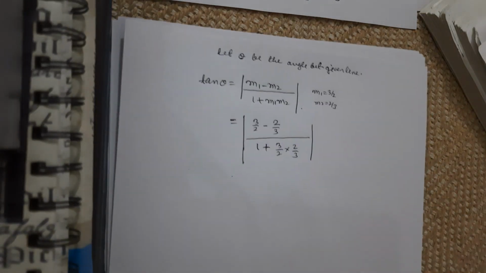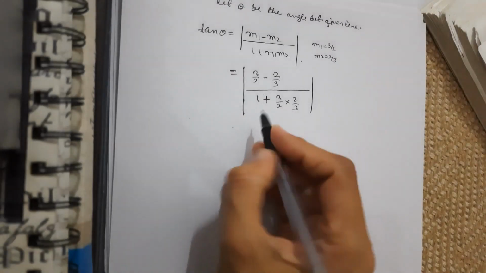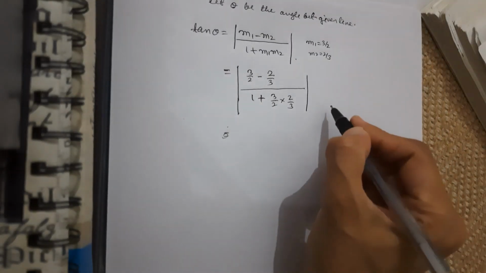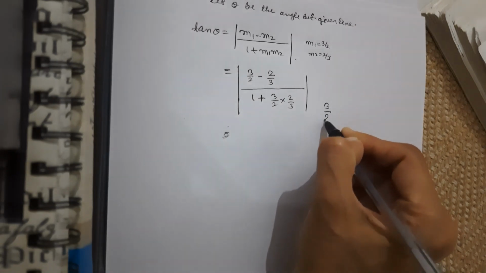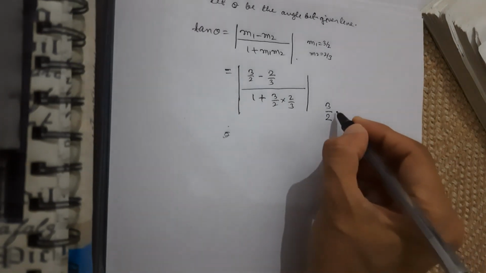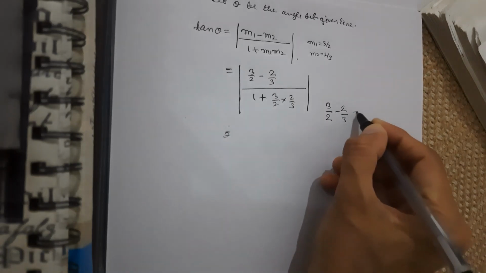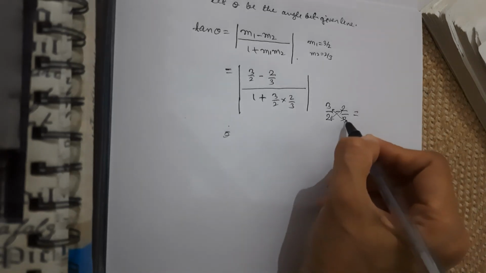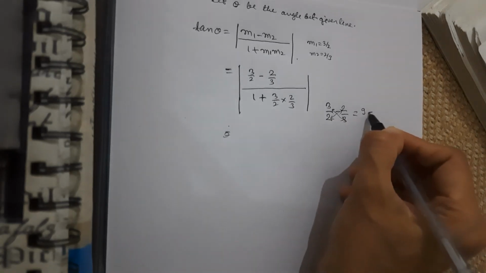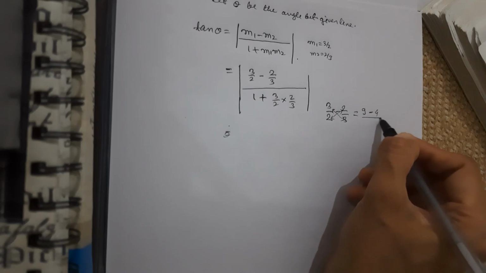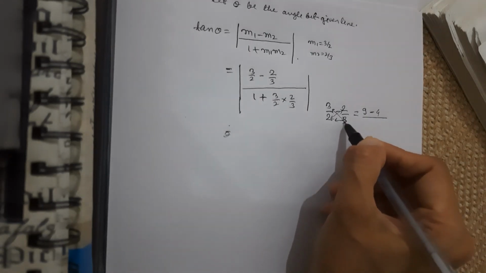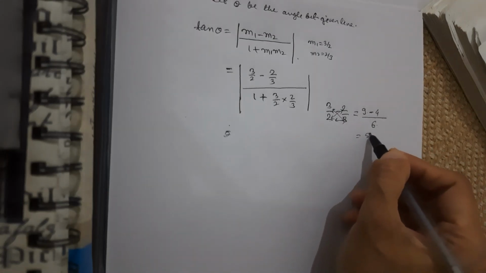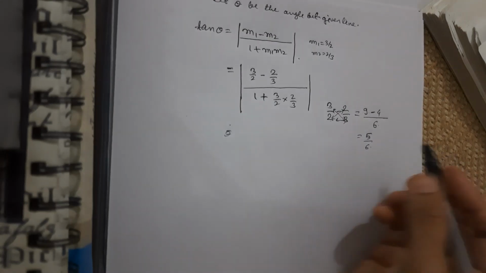Now I want to simplify this. I am just adding here in a separate way. So 3 by 2 minus 2 by 3 equals, just cross multiply or take the LCM, both are the same thing. 3 into 3 is 9 minus 2 into 2 is 4, divided by 3 multiplied by 2, so 3 into 2 is 6. So 9 minus 4 is 5 by 6.